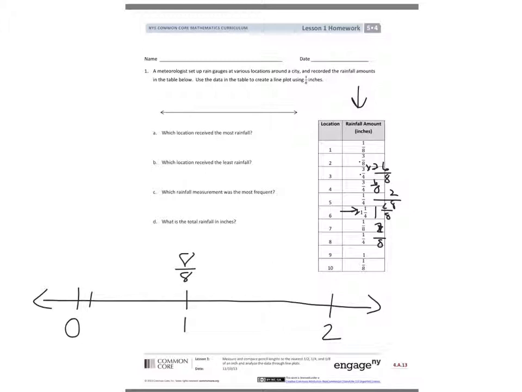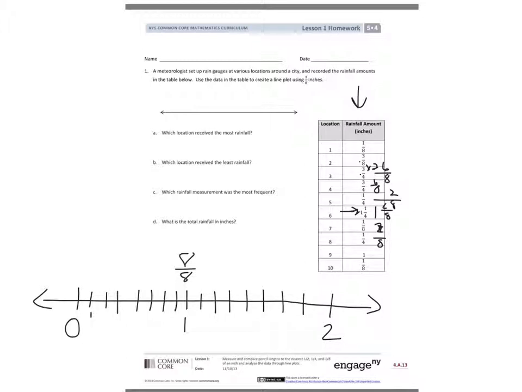So I go 1, 2, 3, 4, 5, 6, 7, 8 eighths. And that's my 1 whole, which would be 8 eighths, and then 8 eighths again, 2 of those, for my 2 wholes. So now I can start putting x's.